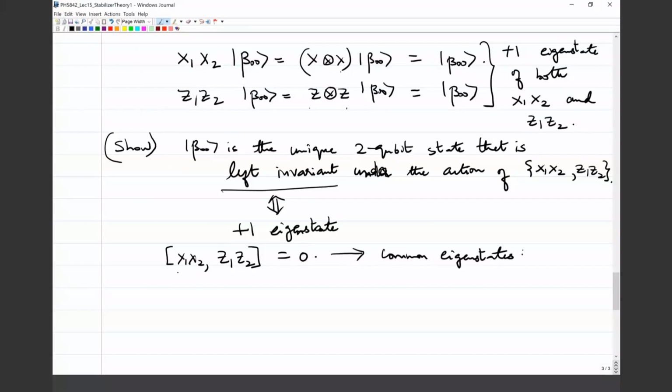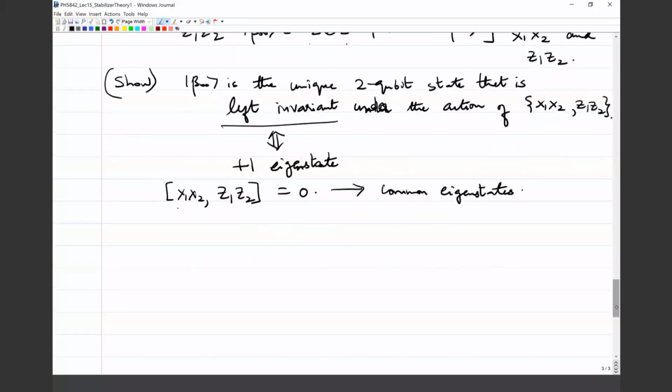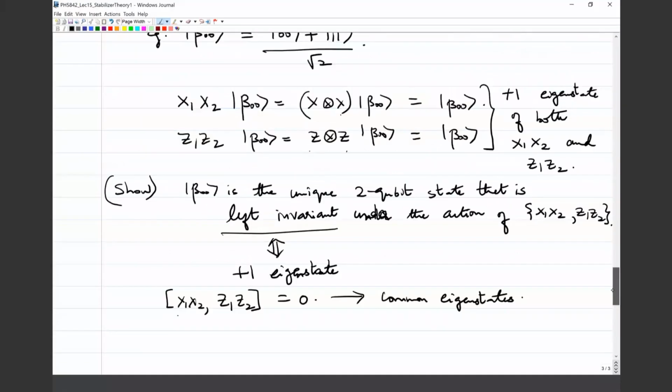And their common eigenstates, remember these are Paulis, right? So they are either going to have +1 or -1 eigenstates. So this is the unique common +1 eigenstate of x1, x2 and z1, z2.